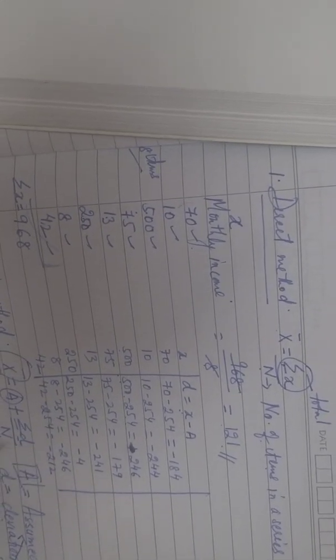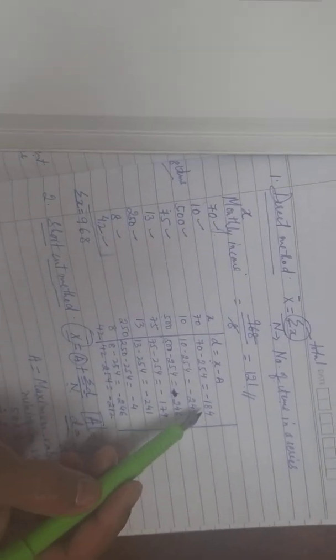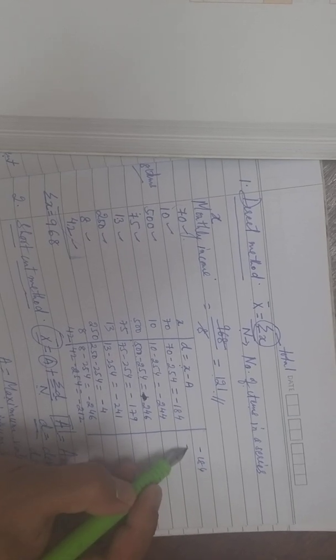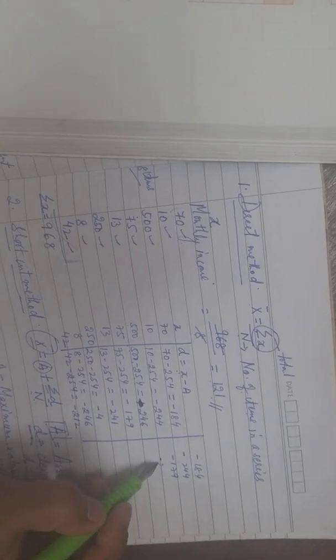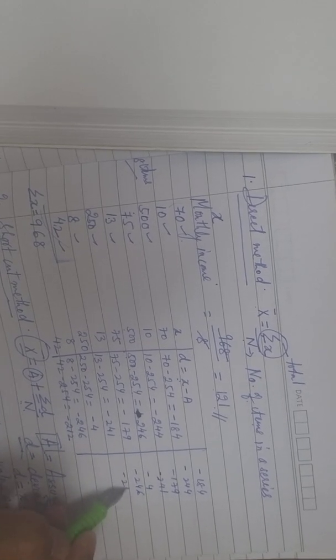Now observe very carefully. What we have to do here is separate the negative items' values as well as the positive items' values. So take all the minus values out: minus 184, minus 244, minus 179, minus 241, minus 4, minus 246, minus 212.